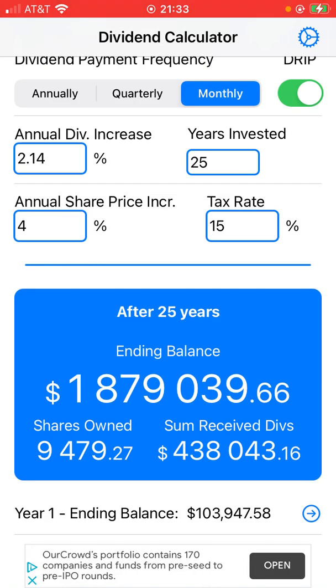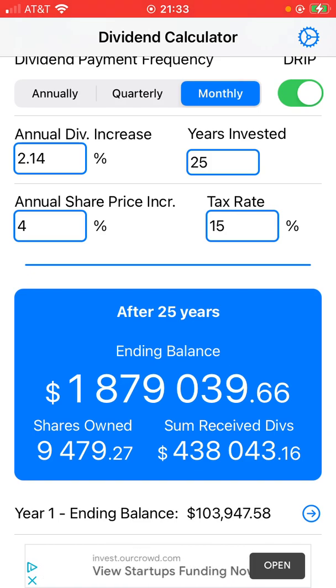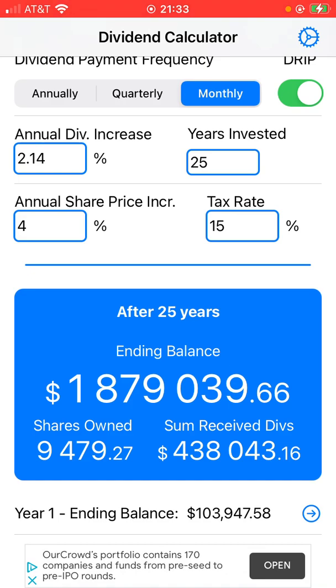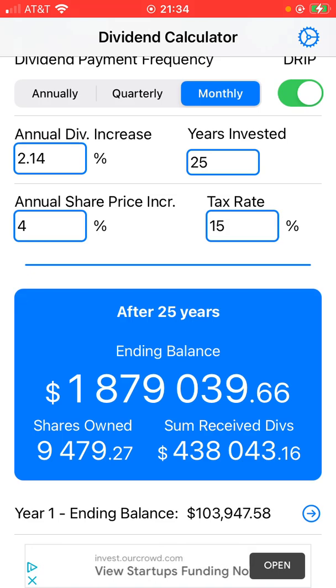You can say, hey, you're going to be in a lower tax rate in 25 years because you're not going to have any businesses or major income coming in from any major income source that is going to be in your name. You get what I'm saying.